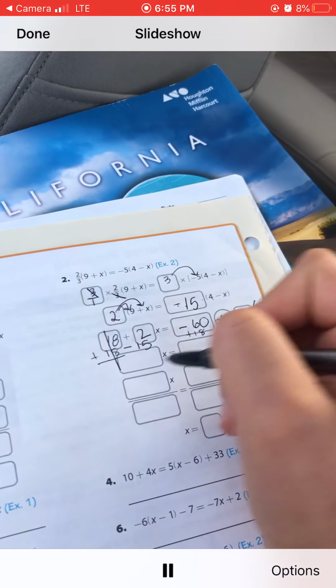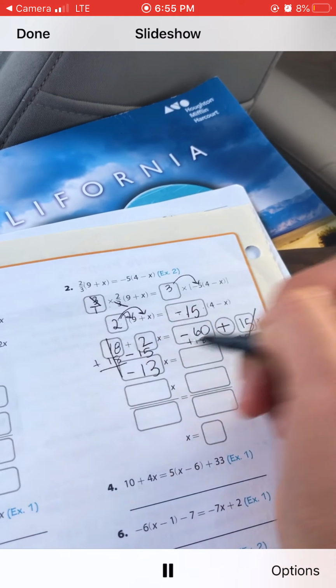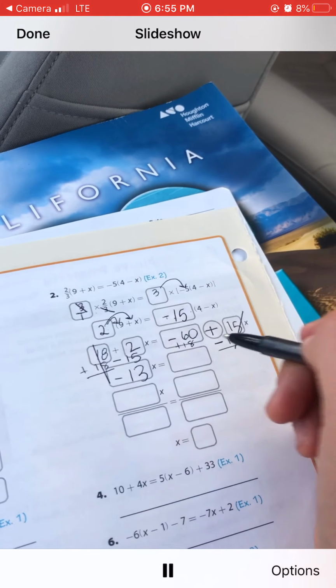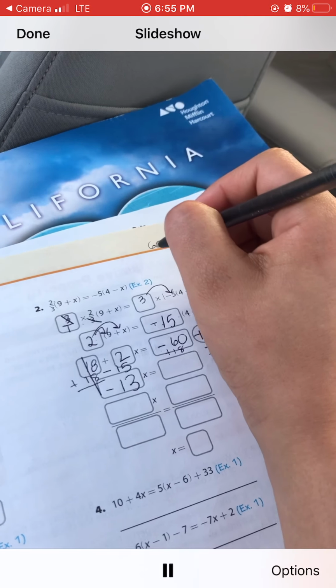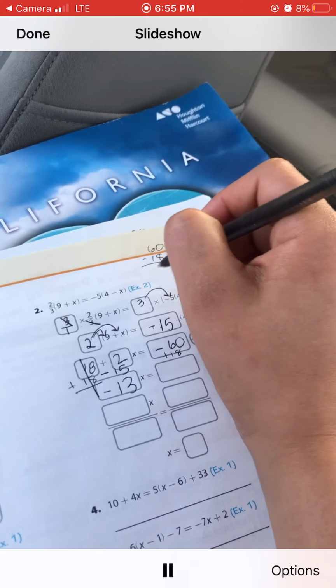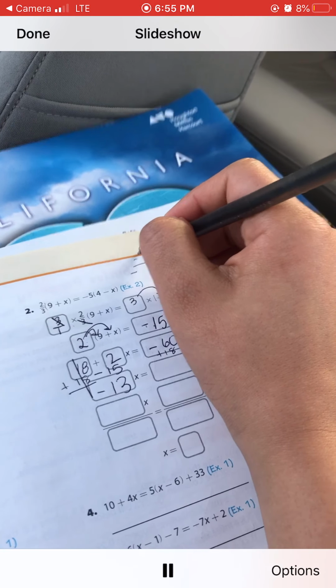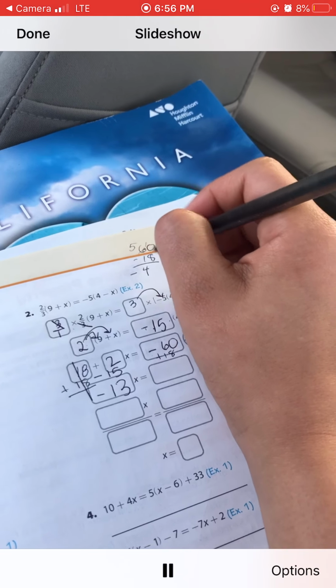Positive 2 minus 15, negative 13. 60, negative 60 plus 18 is basically 60 minus 18, and that number comes out to be negative 42.